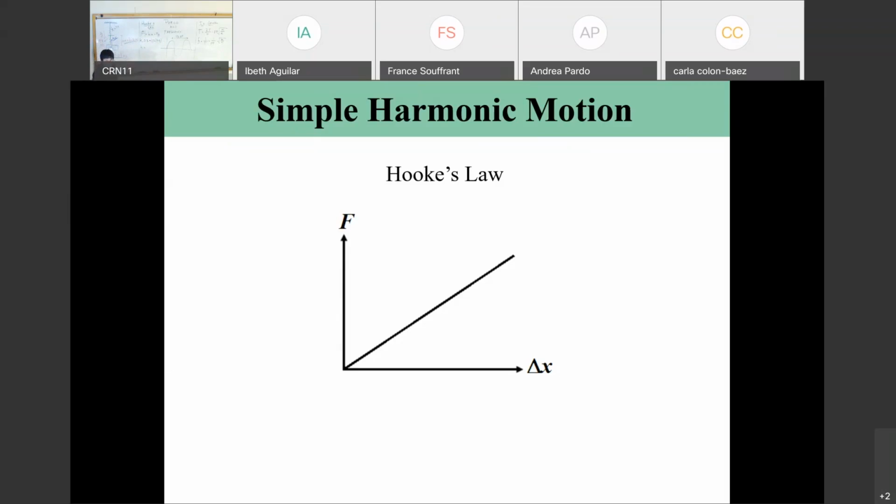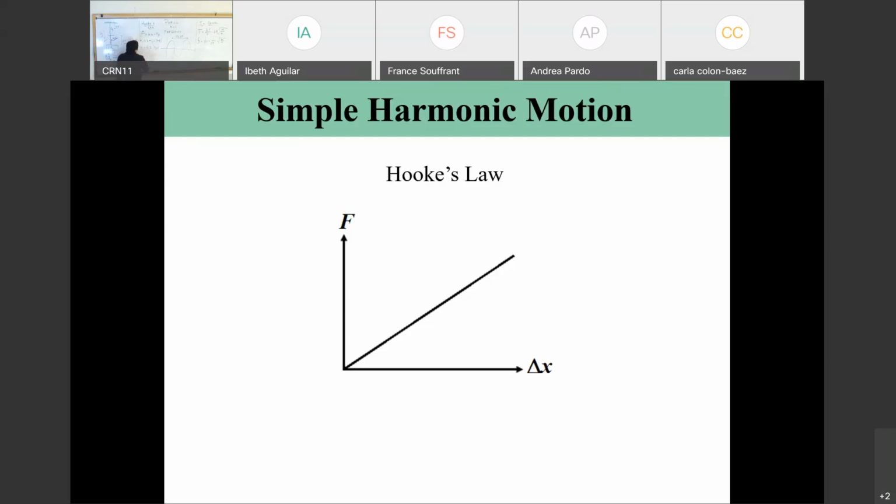I could estimate it, but let's use a calculator. So if I use my calculator, I will get about 6.5, sorry, 6.5 newtons per meter.